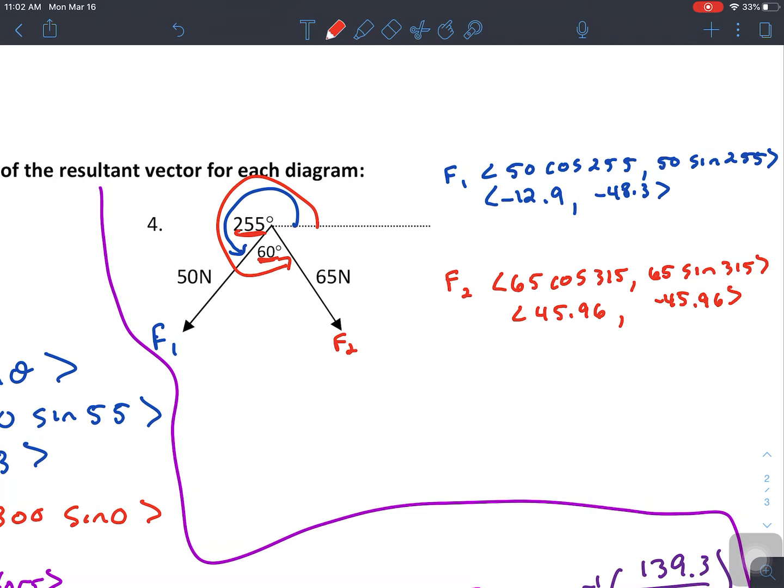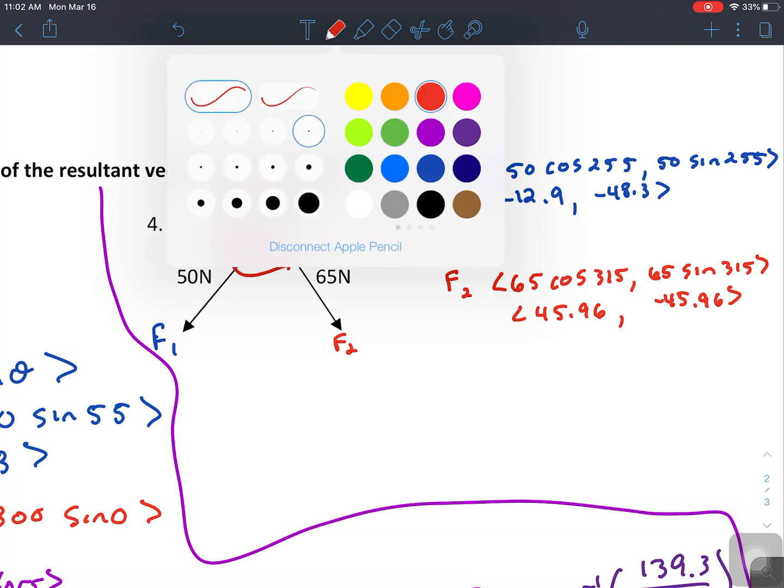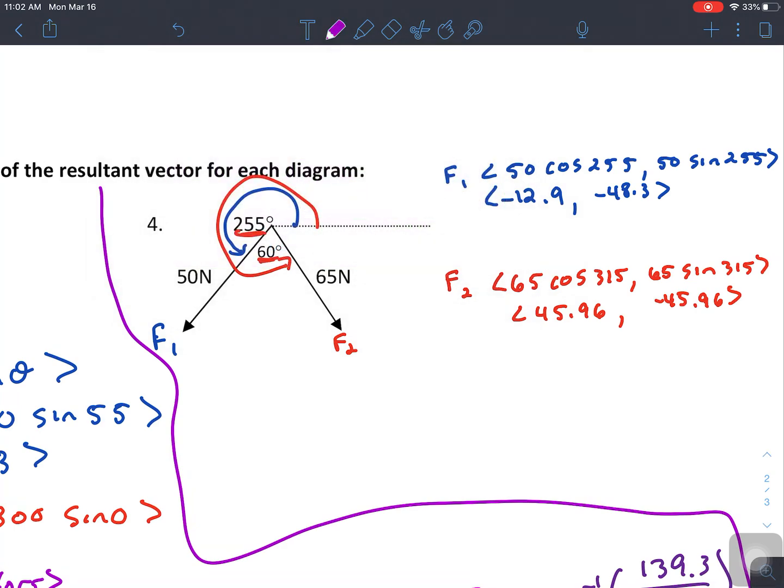All right, so to find the resultant, we're going to add these two things together. So the x component of the resultant is going to be 33.06, or 33.1 if you want to round it up.